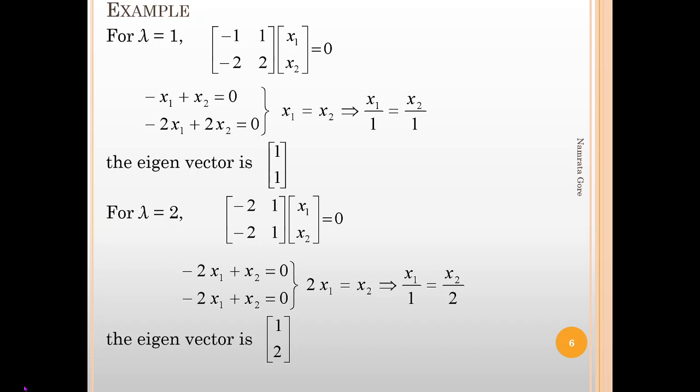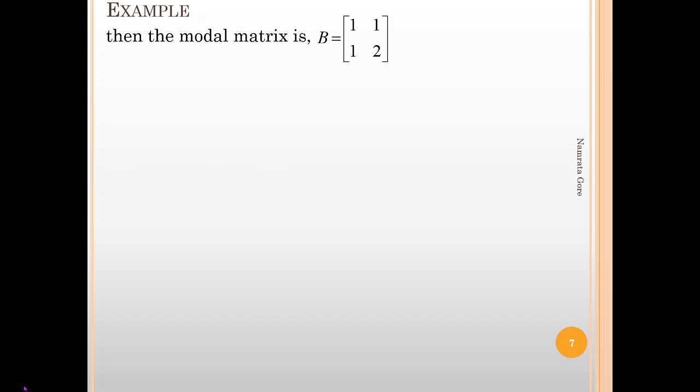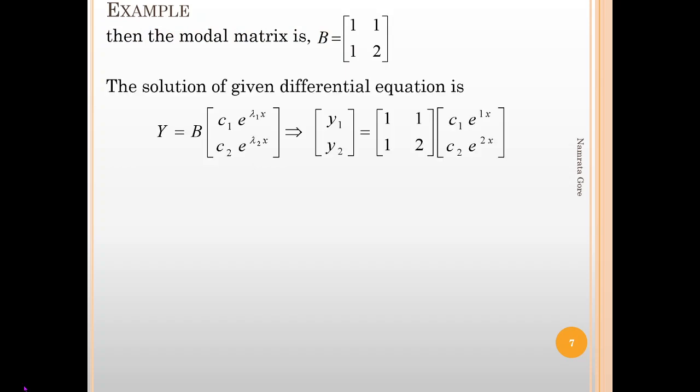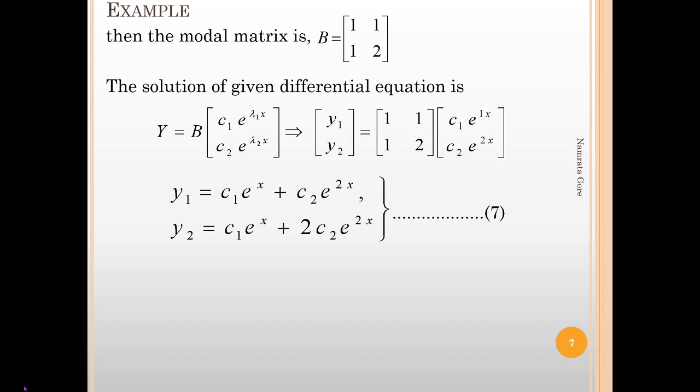So 1, 1 and 1, 2 together form the modal matrix, and the solution of differential equation is y equal to B into the matrix of c1 e to the power lambda 1 x, c2 e to the power lambda 2 x, substituting y as y1, y2, the modal matrix B, and lambda 1 and lambda 2 in the matrix.